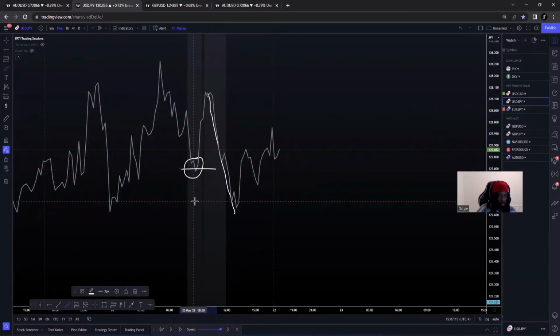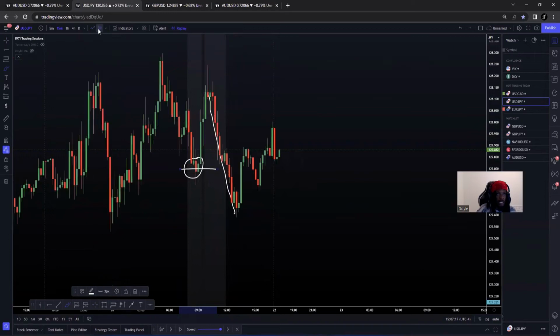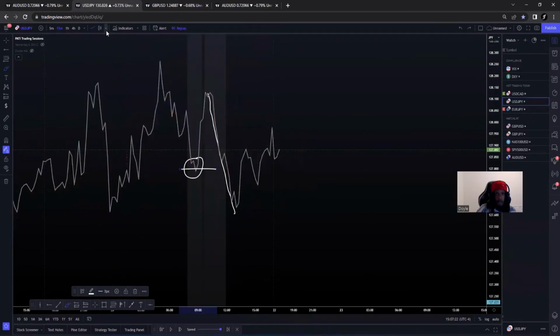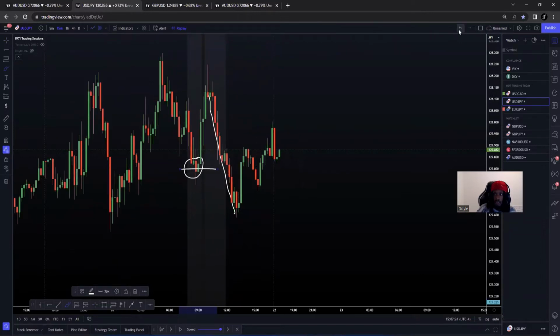It literally broke that low. And let's go back to the candlesticks. Oh crap, my bad. Let's take this off. So that's a major low. Yes, it's a major low. This is a swing low right here.